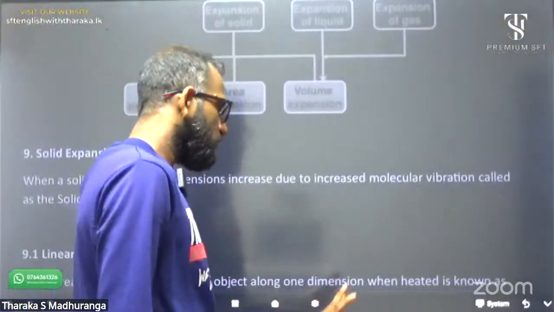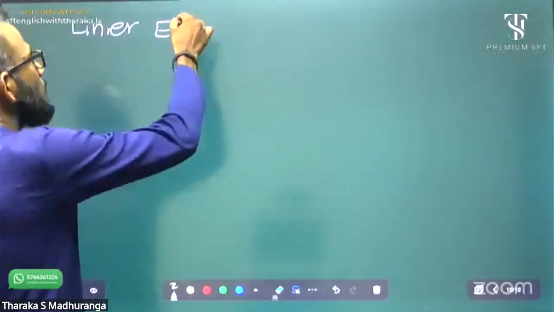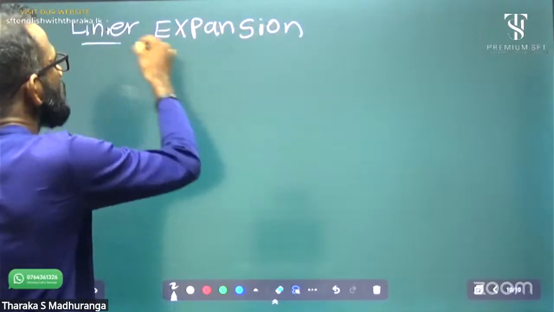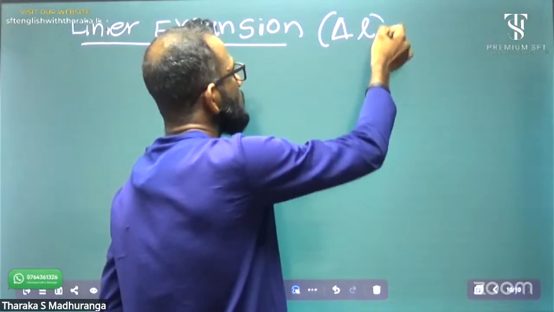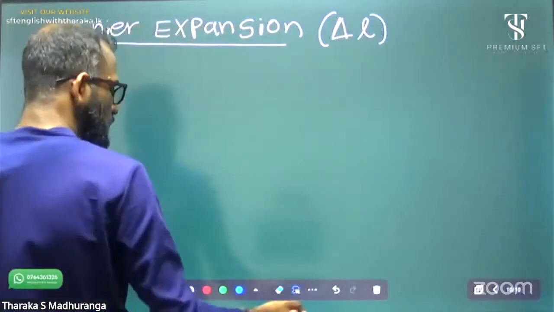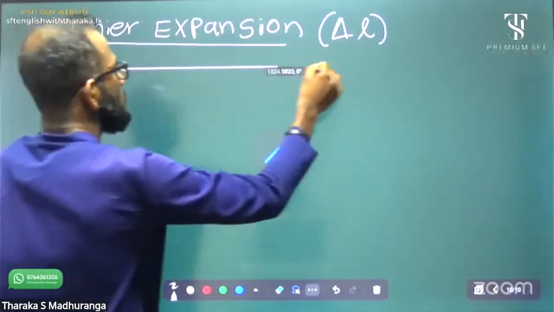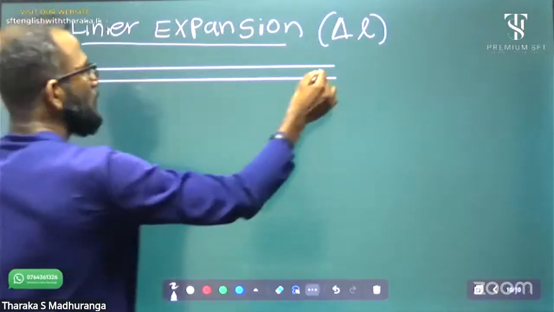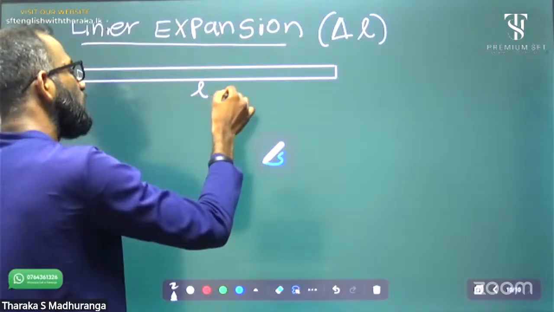Okay, I will quickly revise the meaning of linear expansion. Linear expansion means delta L, the increase in length with temperature. This is the initial length L1, I think you can remember.